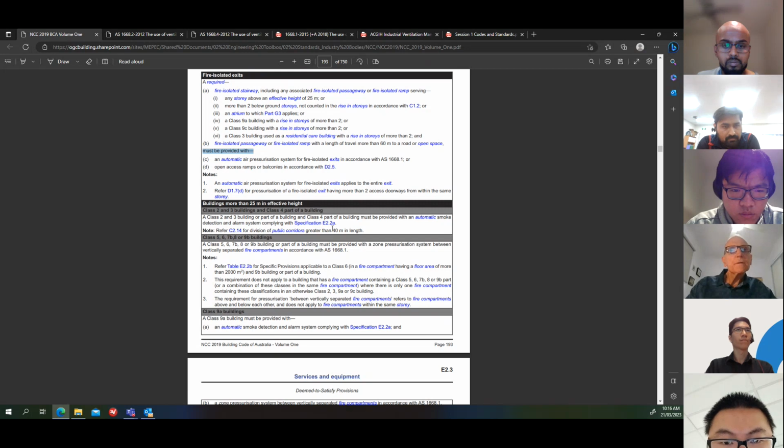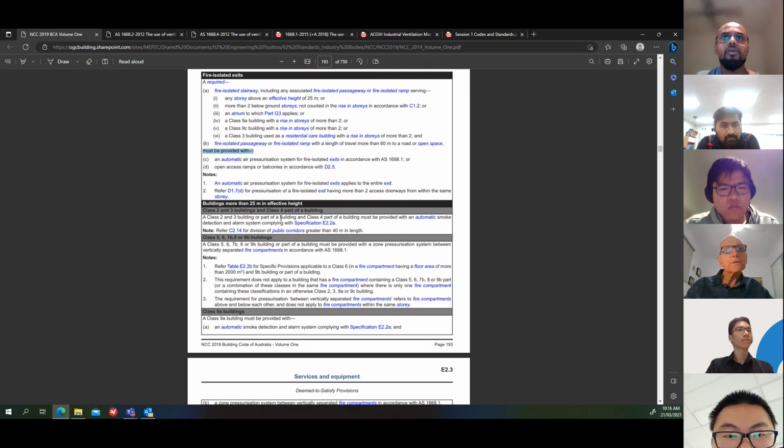So that means in mechanical services, HVAC, you're off the hook in this case, okay? You don't have to do anything except you still need stair pressurisation because it's more than 25 metres high. Is that clear? In other words, you don't need to provide a smoke exhaust system in this case.